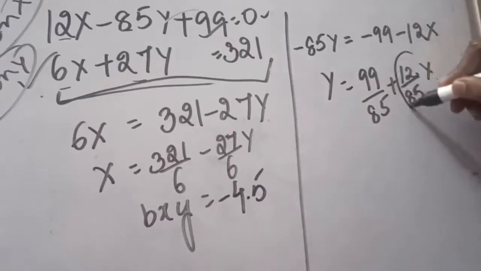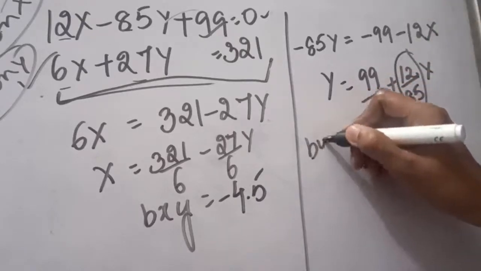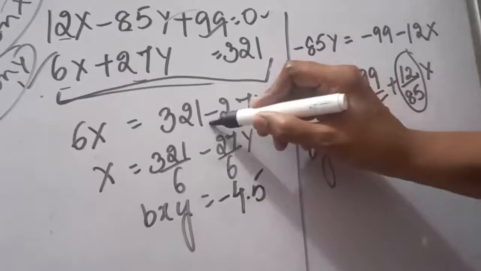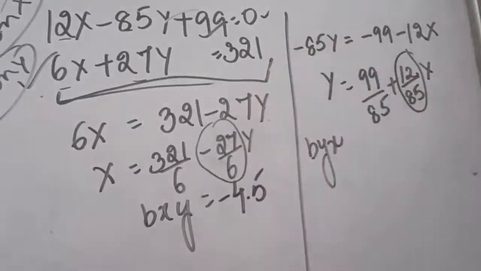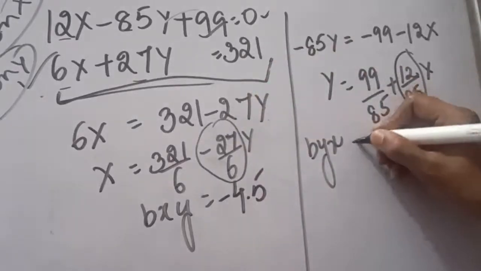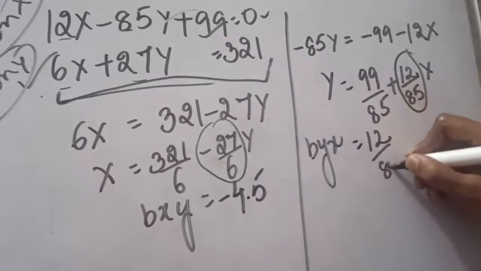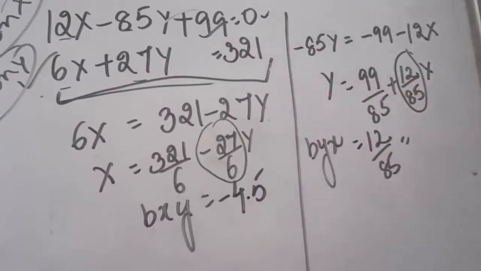So now this value will represent our byx, like in case of the other equation, that value represented bxy. Now this value represents byx, that is 12 divided by 85. When you divide this, you will get 0.141.